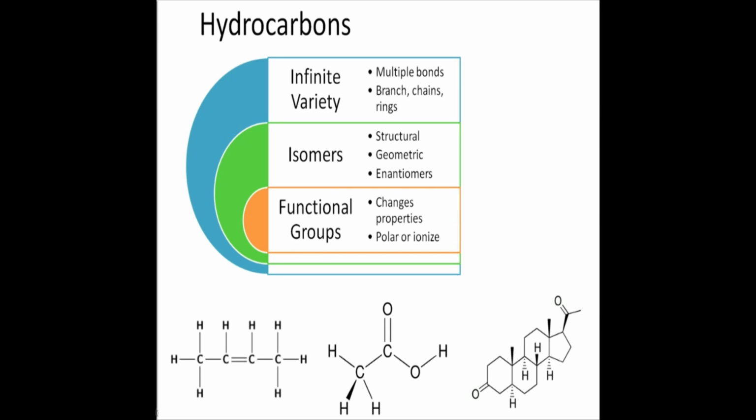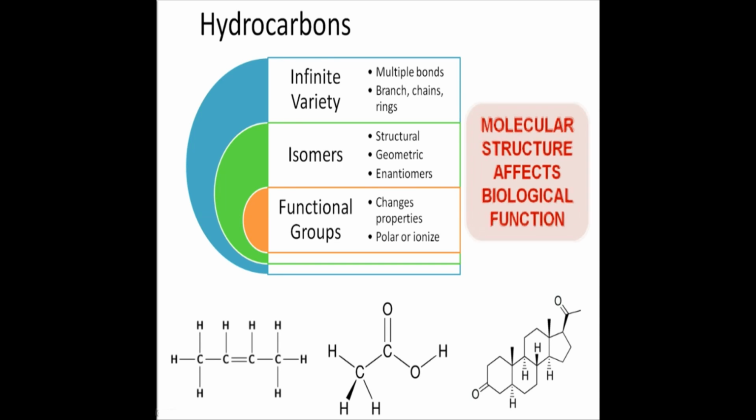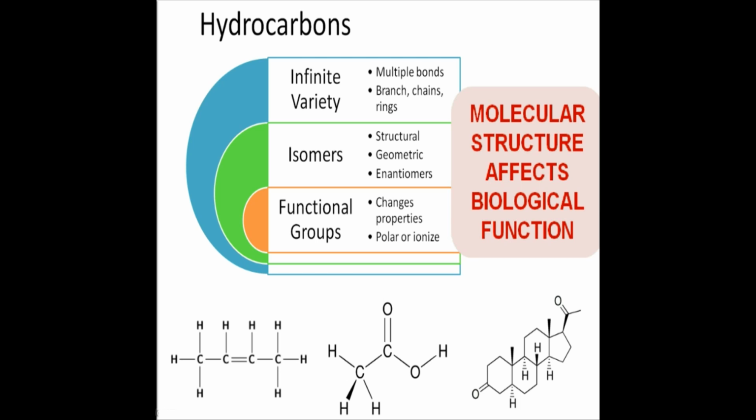It's going to give polar or ionic properties to something that started out as being hydrophobic. And molecular structure affects biological function. So when we start changing around the molecule and adding these different groups, we're going to see that it's going to affect the biological function of that molecule.